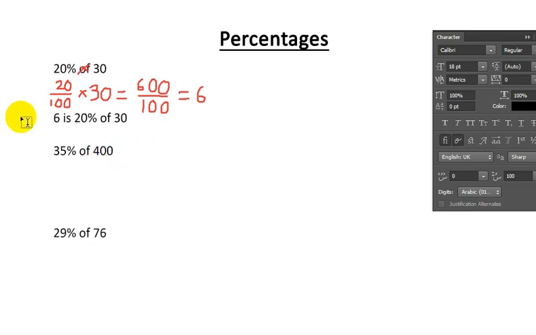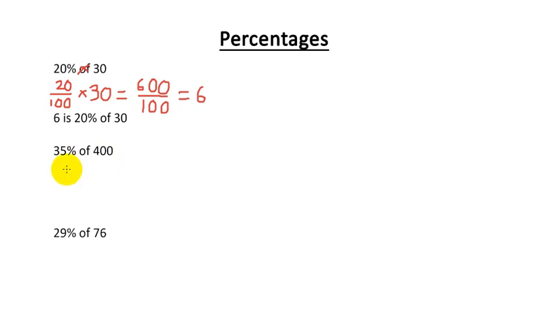Next, we want to find 35% of 400. Again, 35% turned into a fraction would be 35 over 100 times 400.